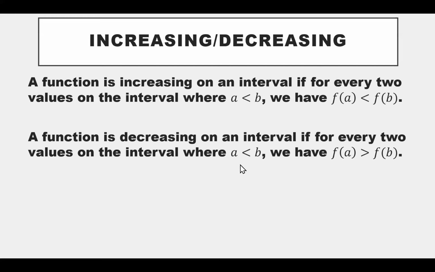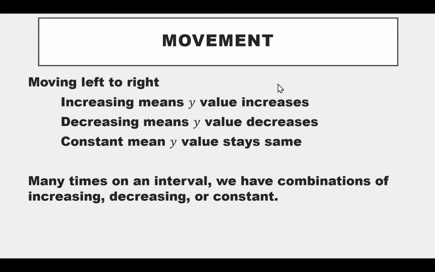Again, that's just a fancy way of saying as x grows, y is getting smaller. There's also something called being constant. A function is constant if the outputs are always the same on that interval. So this is describing movement.